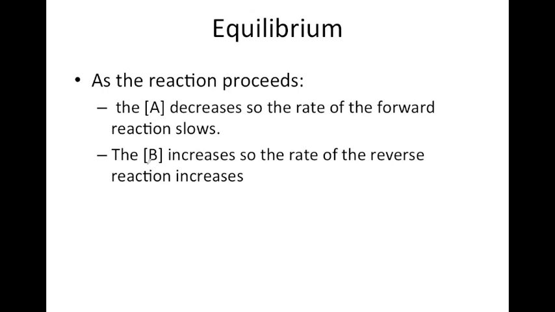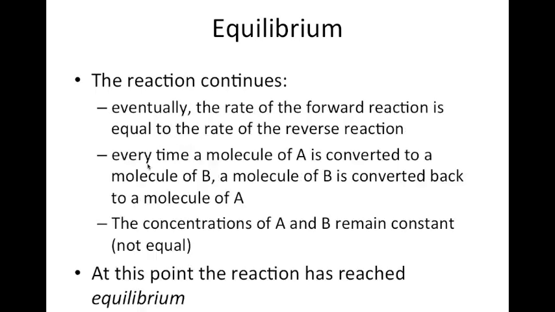This is true in almost all reactions that have a forward reaction. The reverse reaction can also occur where the products react to reform the reactants. So the rate of the forward reaction begins to slow as the concentration of the reactant decreases. The rate of the reverse reaction begins to speed up as the product begins to build up.